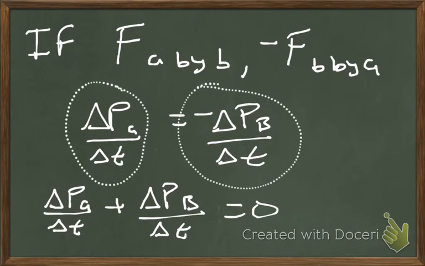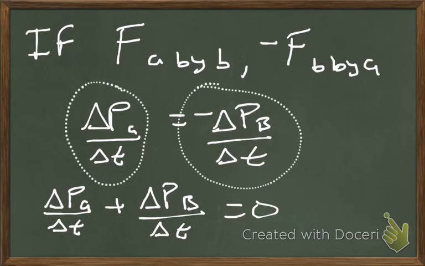Alright, so I took the equation above and I just rearranged it to where it equals 0. So if we've got our change of momentum of one object over time plus the change of momentum of the other object over time, and we added them together, they would cancel each other out to 0.